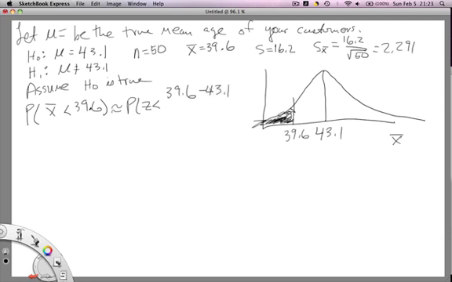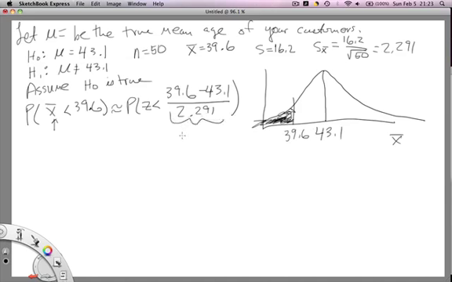The mean, again, comes from the fact that we're conditioning on the null hypothesis. And then we have to divide by the standard deviation. So what's the standard deviation? Well, we're talking about an x bar. Therefore, we're going to use the S sub x bar as the standard deviation. So 2.291.